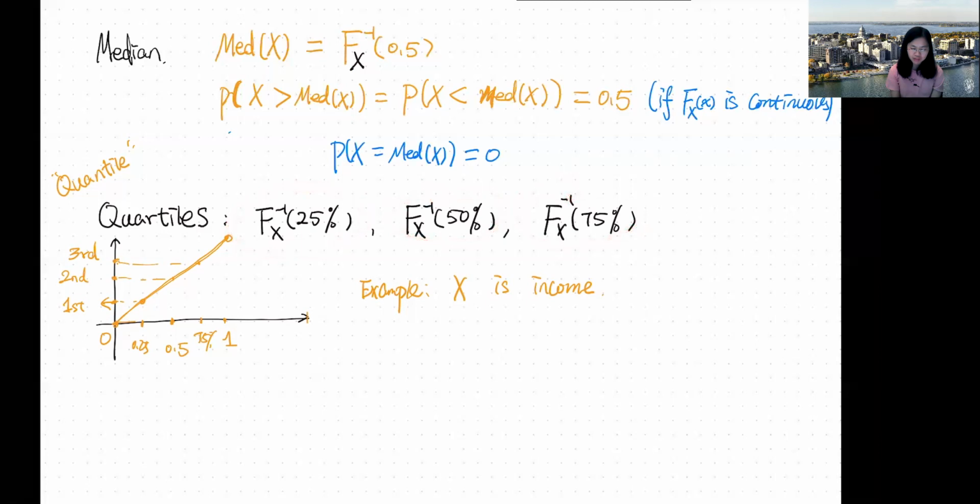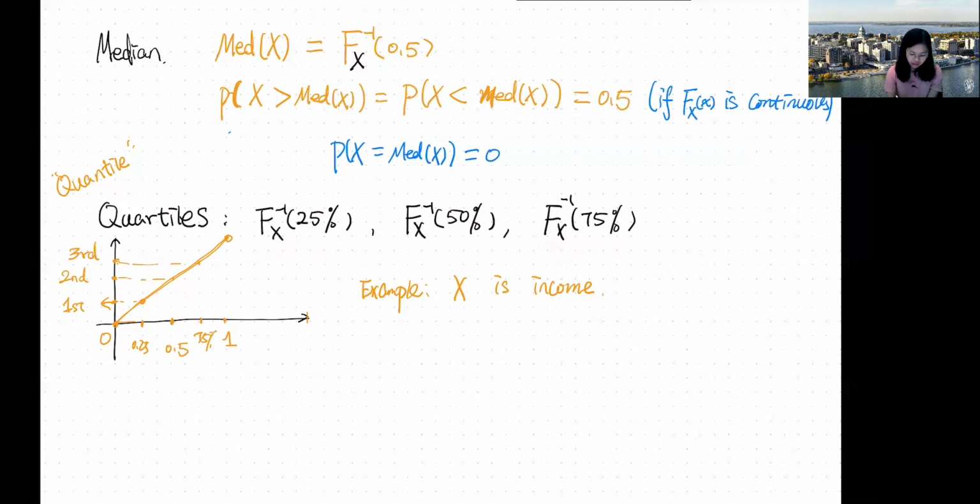So the difference between the 25th quantile and the 75th quantile, the low income people and the high income people, would be earning about the same, so the difference will be small. On the other hand, if income is unevenly distributed, the rich are much richer than the poor, then the difference between the first quartile and the third quartile will be very different.